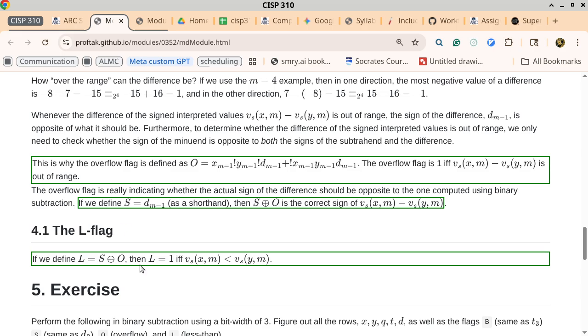The L flag is a 1 if and only if the signed interpretation of x is less than the signed interpretation of y. So the conclusion is already given to you, and I'm not going to quiz you on the derivation. Based on this, I think we know how to fill in that table, so let me switch back to the tablet and we're going to fill in that table.